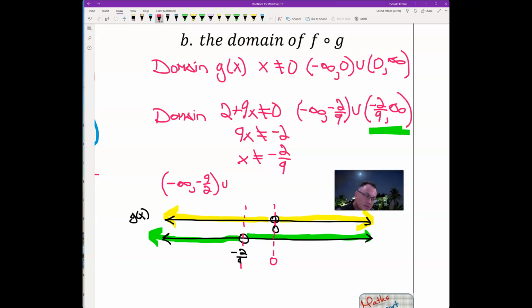So I can put that in my domain. So from negative 9 over 2 to 0. And then as soon as I leave 0, they're going to be green and yellow again. So that would be represented by the interval from 0 up to infinity. And there now is the domain of my composite.